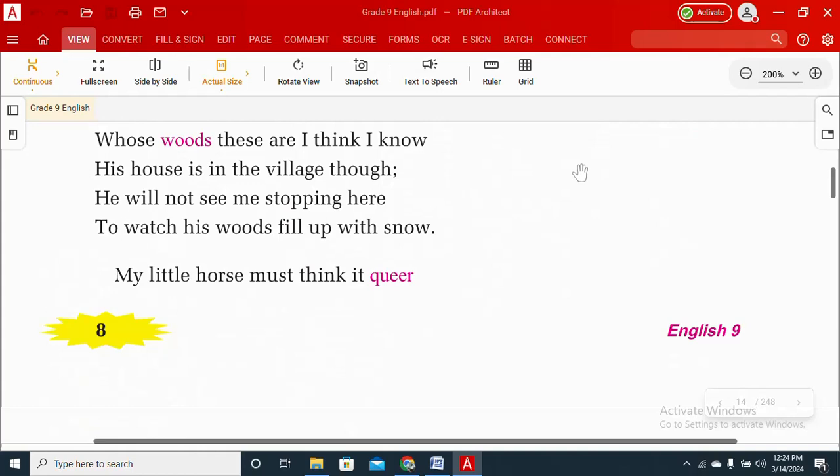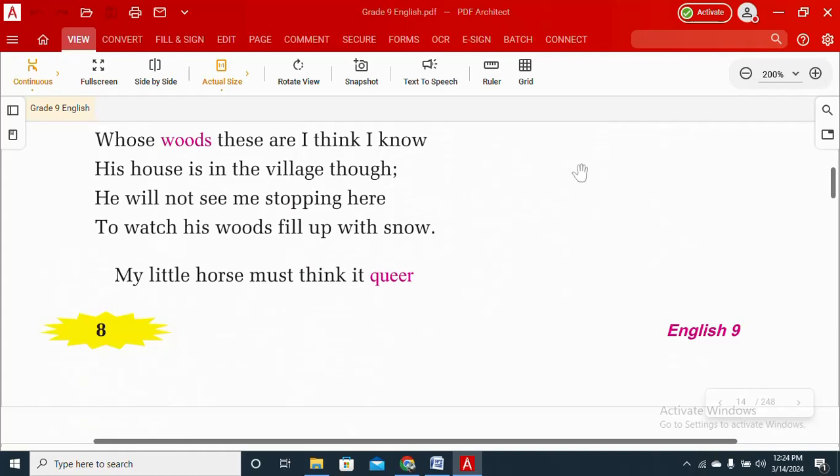So the poet considers him as a traveler. He has to reach his destination before taking rest. So he will not stop his journey before reaching his destination. However, he is distracted by the transitory, momentary pleasure in the form of woods, the forest.